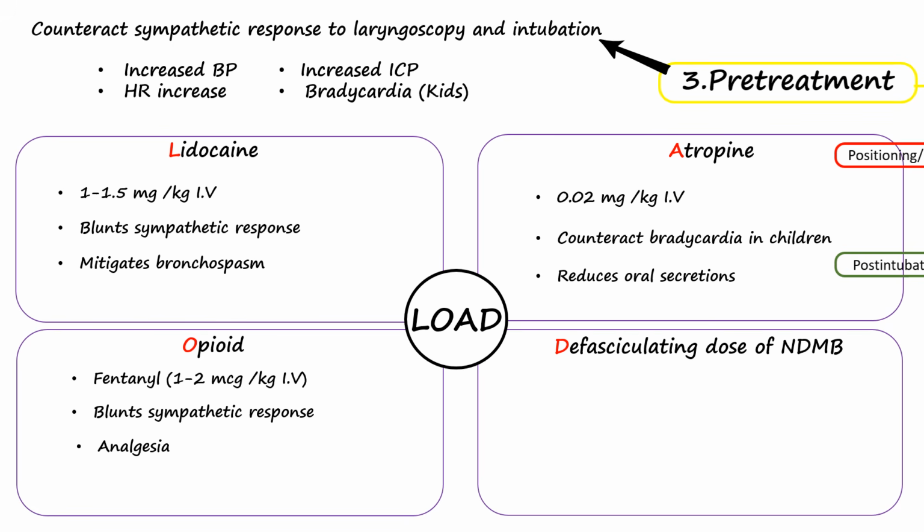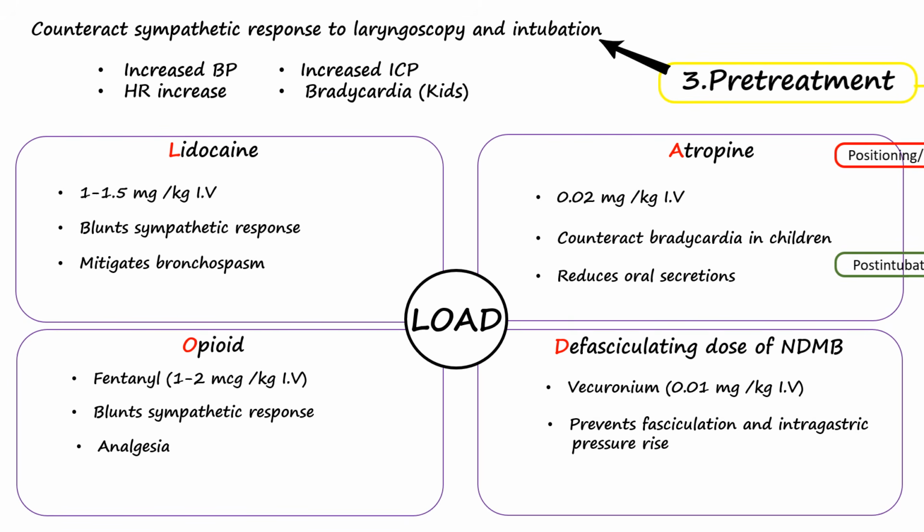Finally, a defasciculating dose of non-depolarizing muscle blockers such as 0.01 mg per kg of rocuronium may be given when succinylcholine is used to prevent the muscle fasciculation that can cause increased intragastric pressure. However, pretreatment is not always required and is used selectively based on the patient's condition.